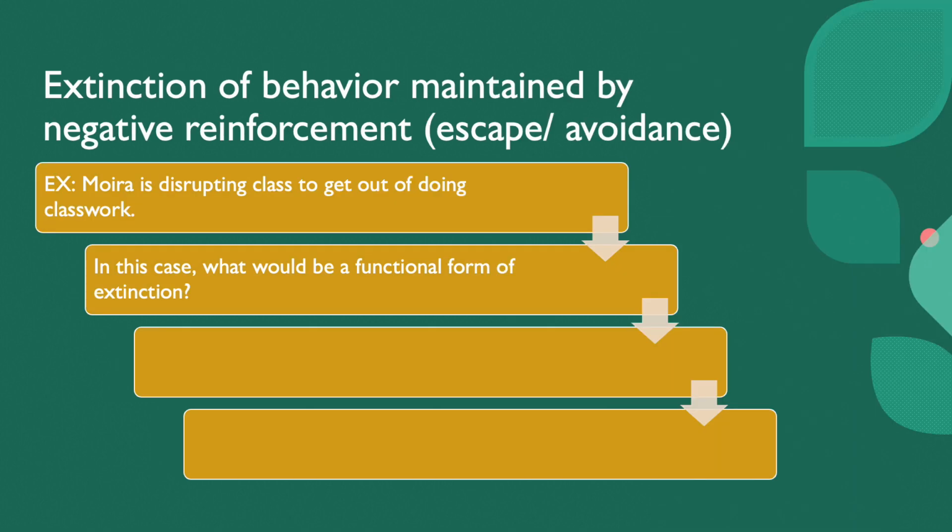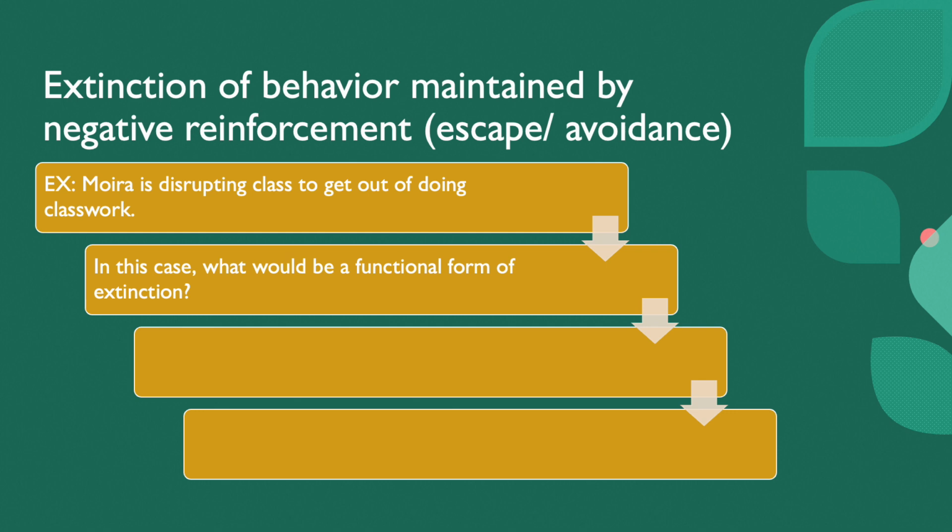Okay, so now what would extinction look like for a behavior that's maintained by negative reinforcement? And this could be a behavior that results in escape or avoidance of some aversive stimulus. So here's an example. Moira is disrupting class to get out of doing classwork. So in this case, what would be a functional form of extinction?